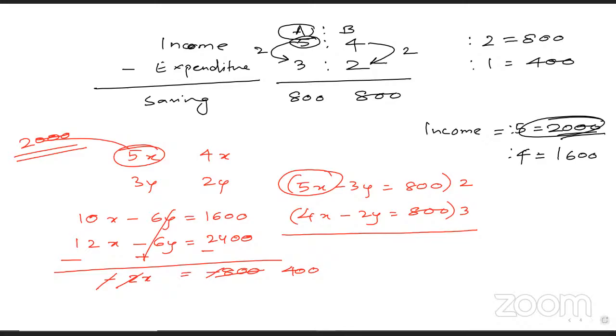The ratio of wine and water in a mixture is 1:3.